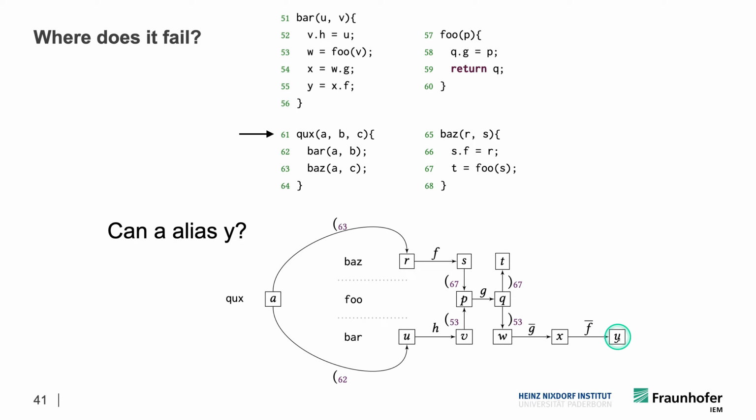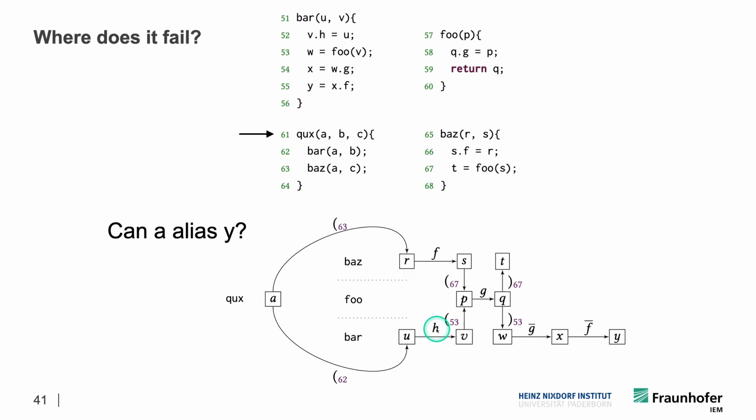Now, the bad thing here is that if we go along the bottom path, the inverse happens. So at the bottom path, the calls actually match up because here we are calling at line 53 and we are returning to line 53. So along this path, actually the call PDS will tell us, nice, it's all matching up. But this is the case, although here the field accesses don't match up, right?